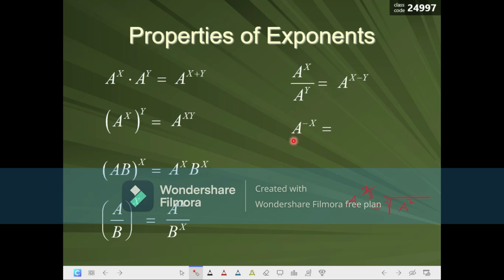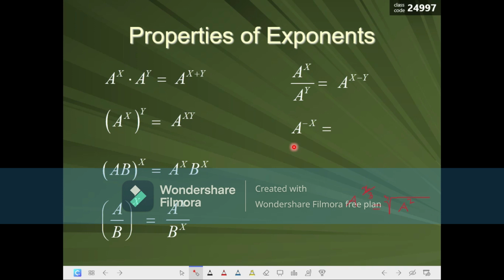Next, if we have a to the power of negative x, remember, I told you last time that in your final answer there must be no negative exponent. If you ever encounter a negative exponent, you have to simplify it to make it positive.